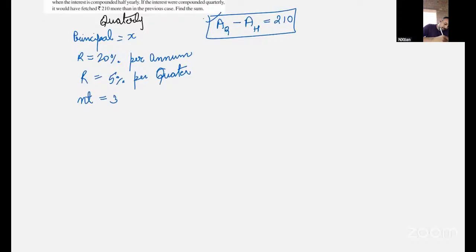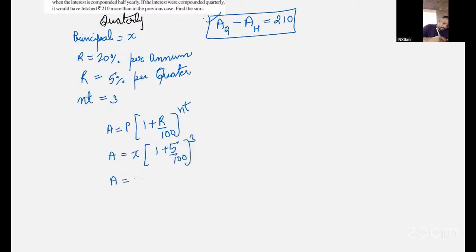We have the formula: amount equals principal into (1 plus R upon 100) to the power nT. Correct? Say yes or no. So amount equals principal X into (1 plus 5 upon 100) to the power 3. So amount equals X into (105 upon 100) to the power 3.